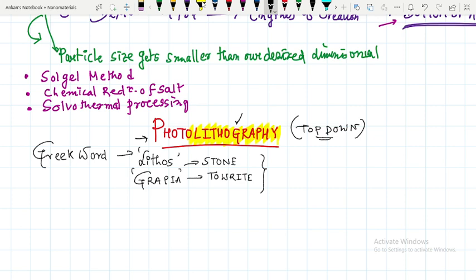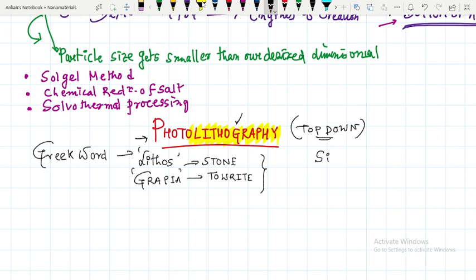Now, what is the stone in the process? And in what way can we write on the stone? Here the silicon wafer acts like a stone, and we have to write some information or patterns over its surface so as to make it useful in our practical applications.